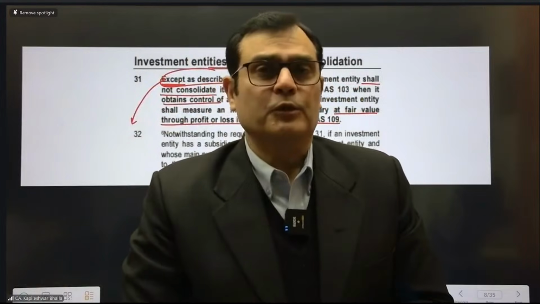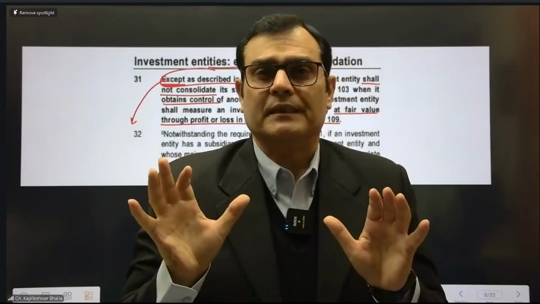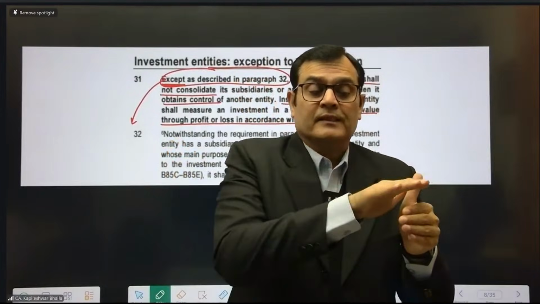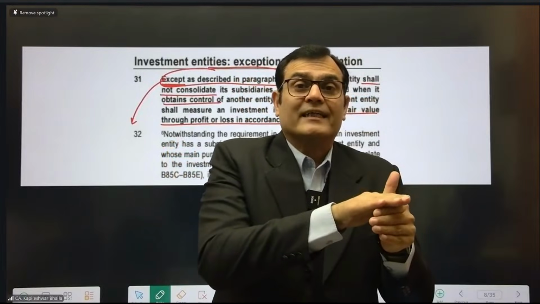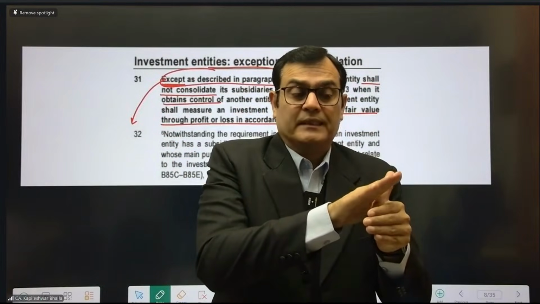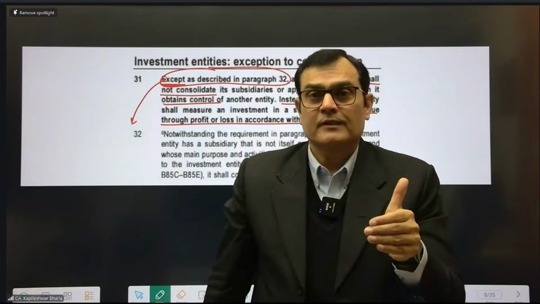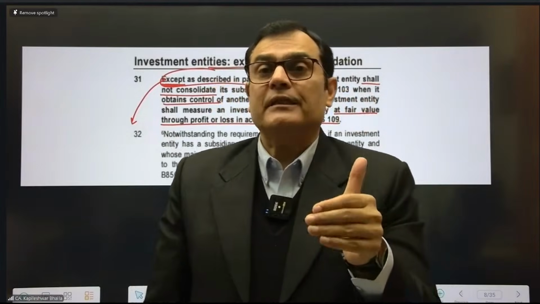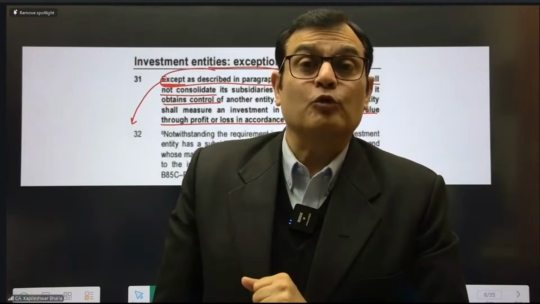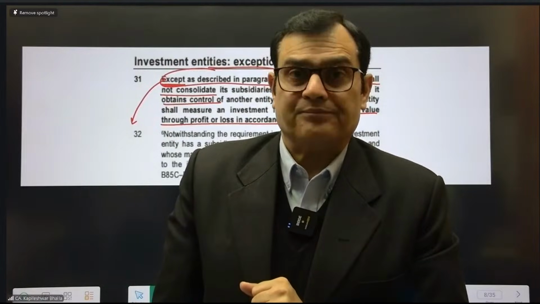Now, let me tell you one thing point blank, which is necessary in order to get a grip over the concept. If you acquire an investment in an unrelated party, it is Ind AS 109, which tells you to capture the investment at fair value through P&L or fair value through OCI with no recycling.